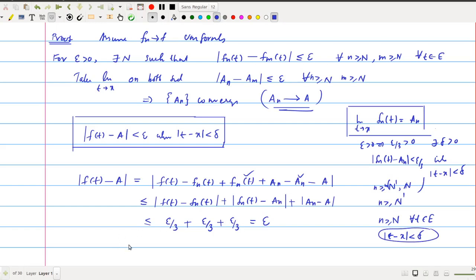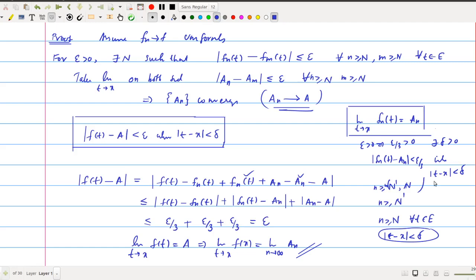Which shows that limit t tends to x of f of t is equal to a. What is f of t here? f of t itself. And what is a here? Limit n tends to infinity of an. Which proves the interchanging of limits. So this is the proof of theorem 7.11.